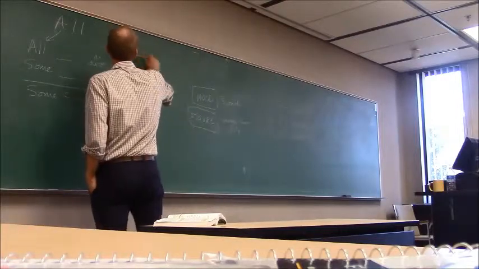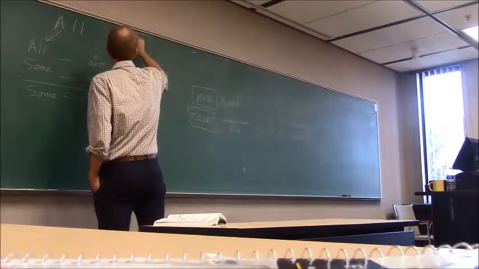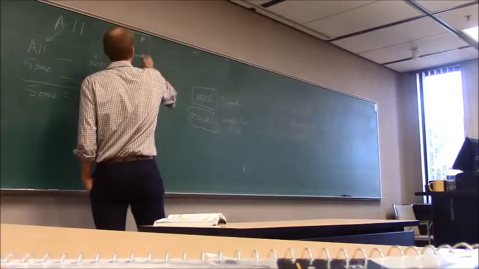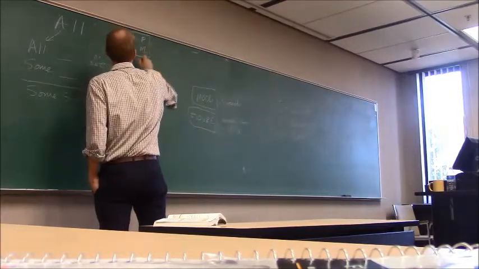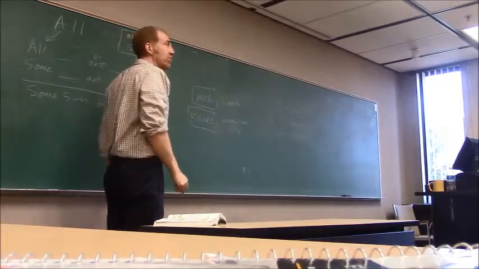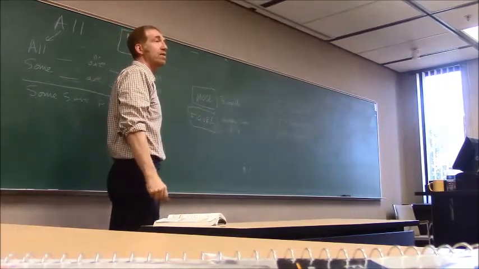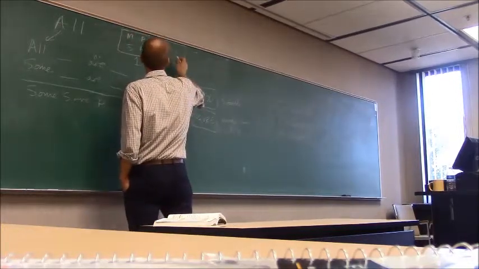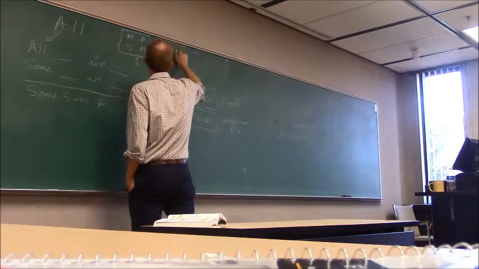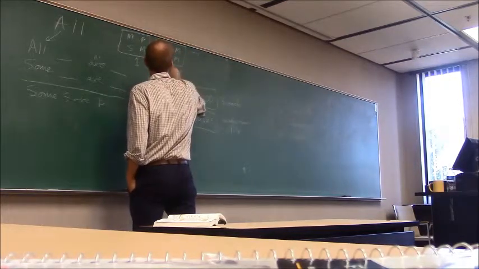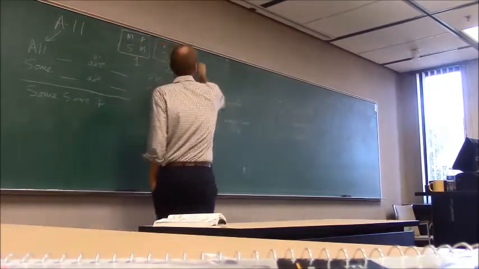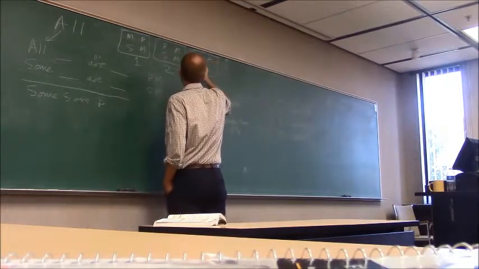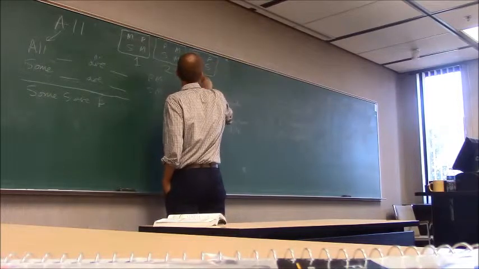Here's one. It could be M P. Now notice P is always going to be on the top, and S is always going to be on the bottom. S M. We'll call that arrangement 1, or figure 1. Alternatively, we could have P M, S M. We'll call that figure 2. Or we could have M P, M S. That's figure 3.